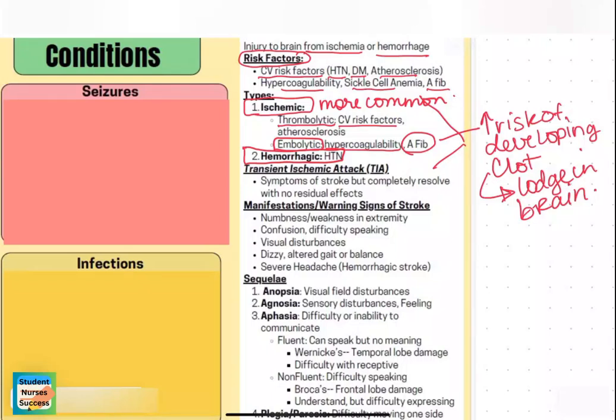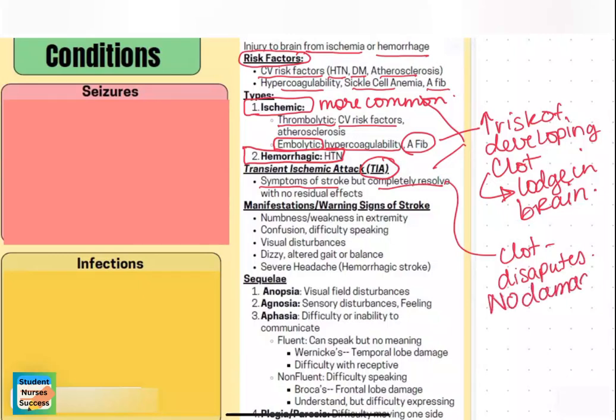Now that brings us to something called a TIA. A TIA is a transient ischemic attack. A transient ischemic attack is symptoms of a stroke, but there's no residual effect. There's no damage that's been done. They completely resolve. With a TIA, there's maybe a tiny clot, but then it dissipates or gets reabsorbed, but there's no damage.